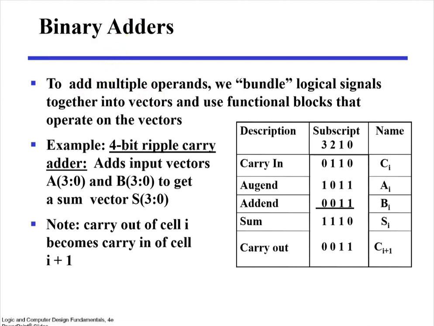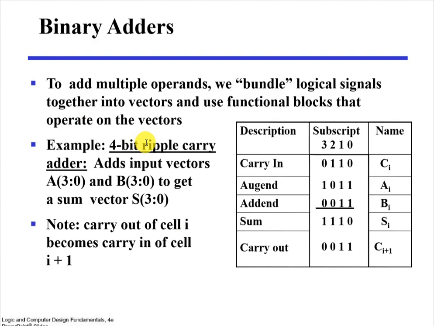So to add multiple operands, for example, we bundle logical signals, that is bits, inputs, together into vectors, and then use functional blocks, so adders that operate on vectors. Here we have an example of a 4-bit ripple carry adder.